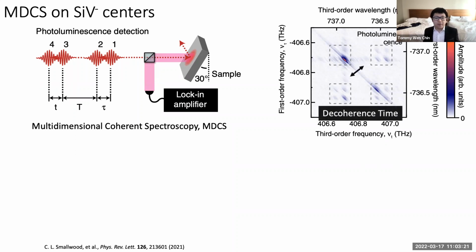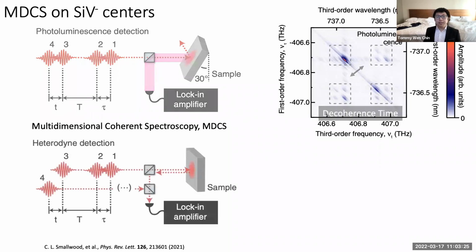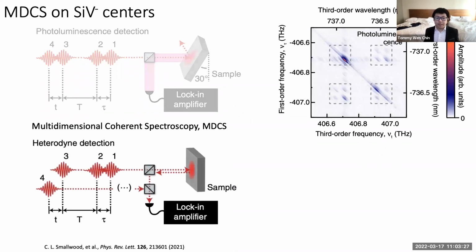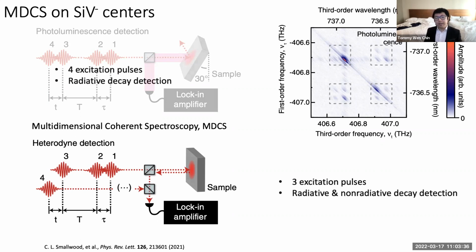The off-diagonal represents the decoherence time. In addition to photoluminescence detection, we were also able to perform a different MDCS technique called heterodyne detection, where we send in 3 excitation pulses and detect via radiative and non-radiative decay.